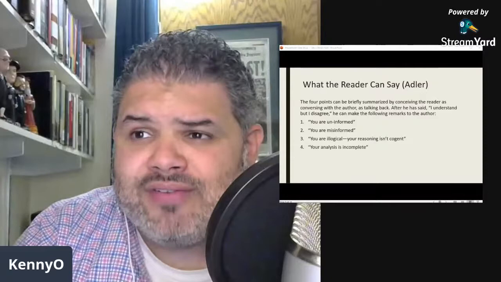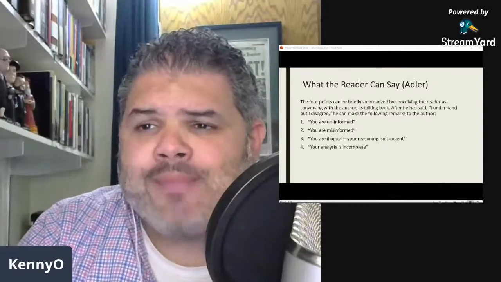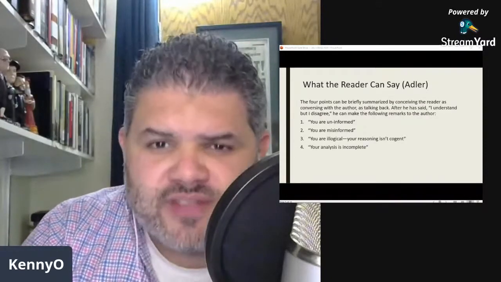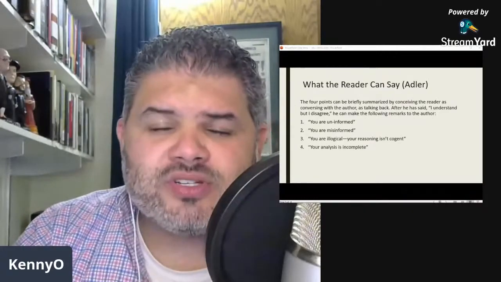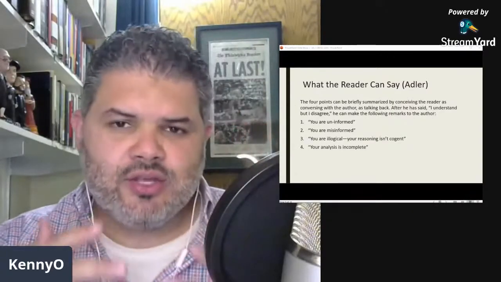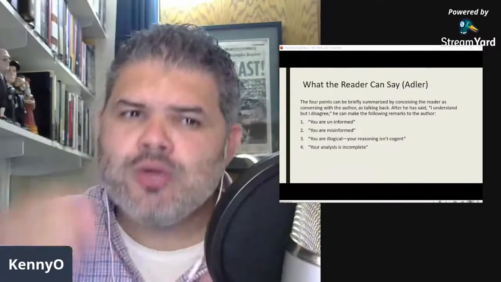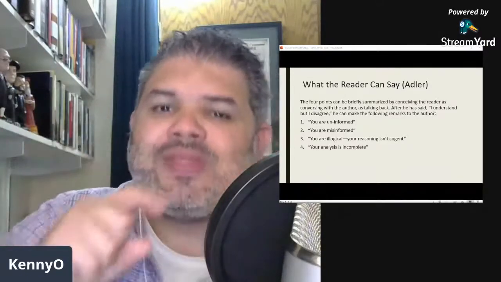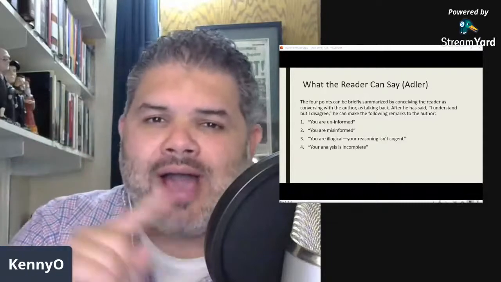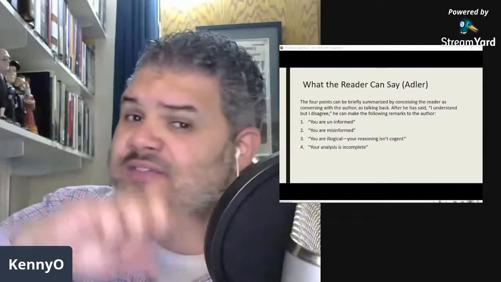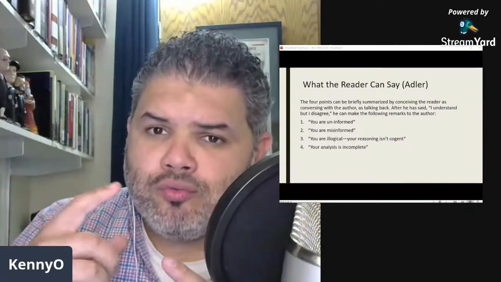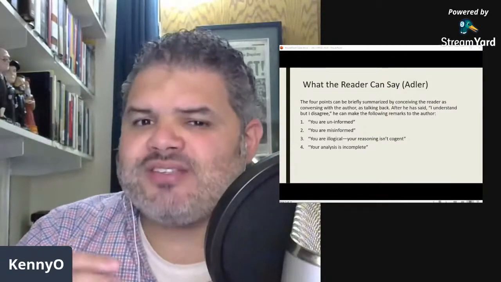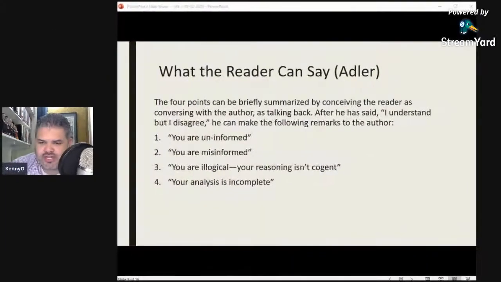Gravity has been measured with absolute perfect specificity, and it's 9.83 meters per second." So that's the idea. You are absolutely allowed to disagree if you can point out how I am uninformed or misinformed. If you can't, then you really probably don't have a good basis to disagree, is what Mortimer Adler says in his book.